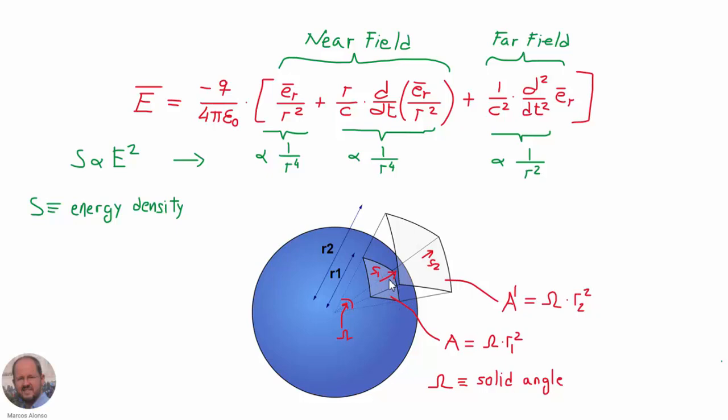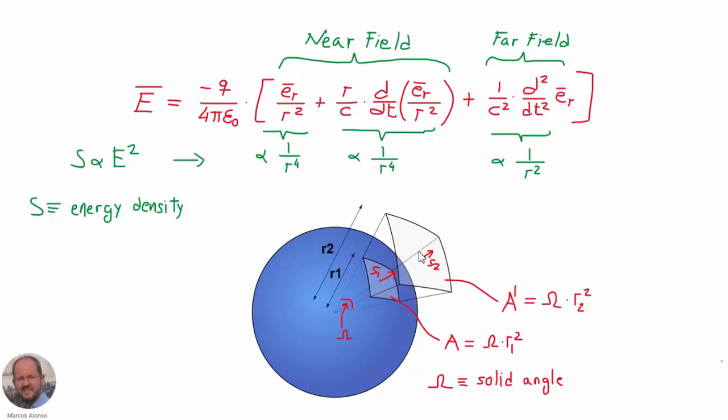If we go a little further, then we have this other area, which is much bigger, proportional to the distance squared, and the energy density is smaller because it is proportional to 1 over the distance squared, but in the end the total energy that goes through this area is the same.